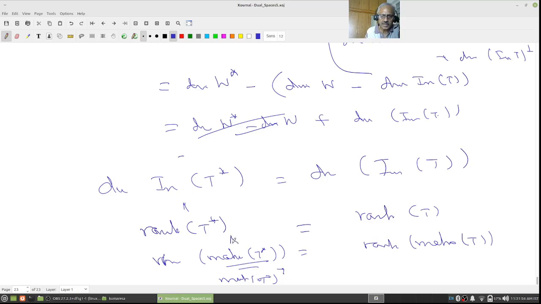Call it A, therefore rank of A transpose equals rank of A. So after so much work we proved the column rank and row rank of a matrix are the same, but that was not the original aim. Our original aim was to talk about dual spaces.